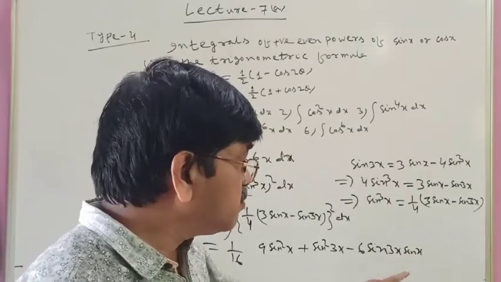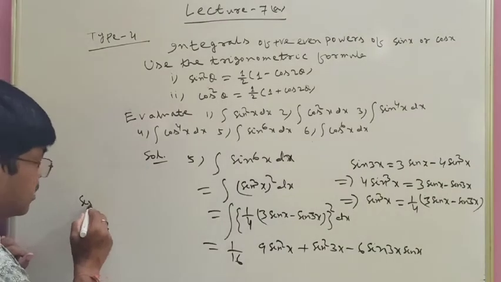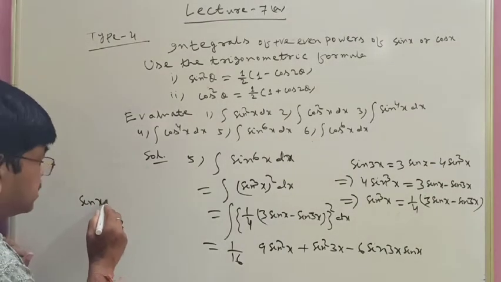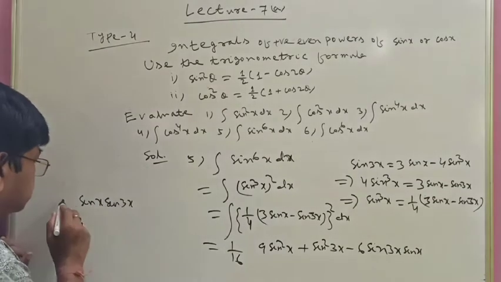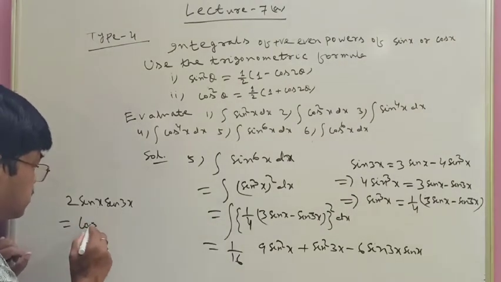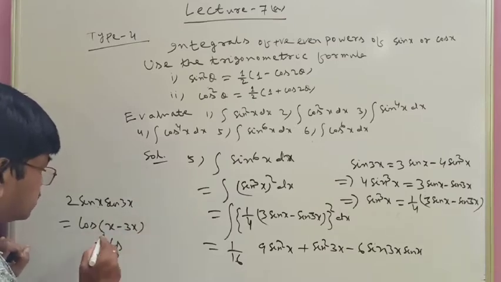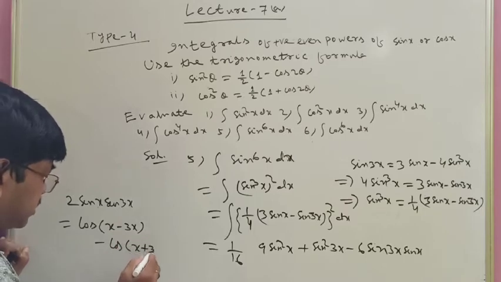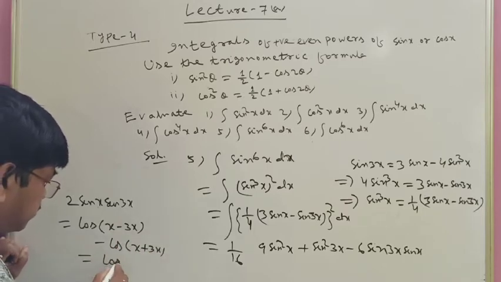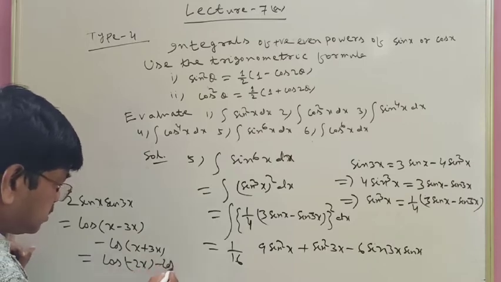But suppose it takes the smaller angle, a as x and b as 3x. Then cos a minus b means cos x minus 3x is cos of minus 2x, then minus cos x plus 3x. Both cases the answer will be the same. But here x minus 3x is minus 2x, and this is cos 2x.